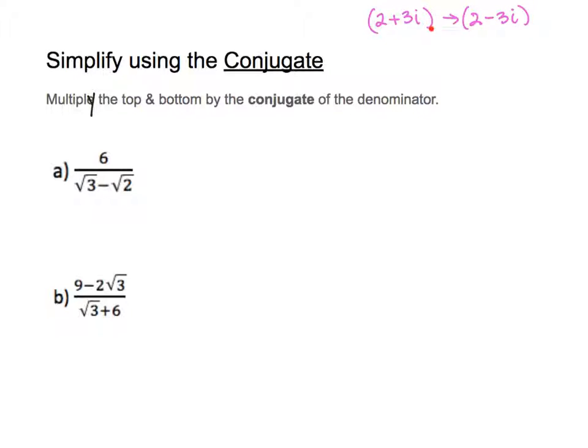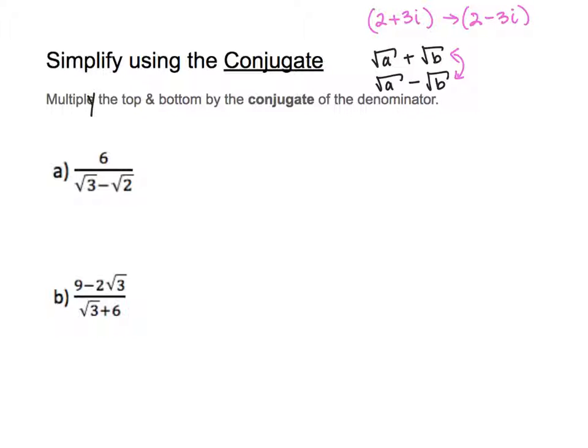So that was last semester. This semester, we are going to be talking about radicals. So if I have an expression with radicals in it, like the square root of a plus the square root of b, well, the conjugate would be the square root of a minus the square root of b. All I'm doing is flipping the signs.